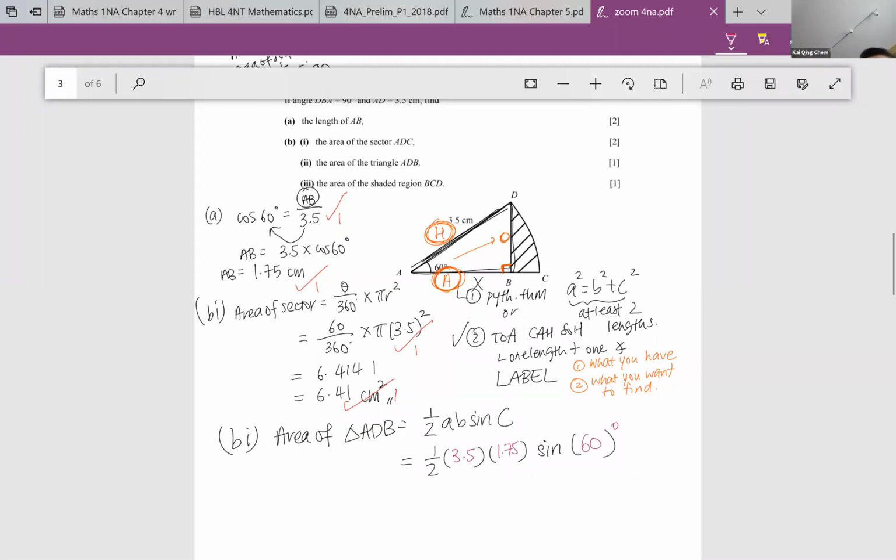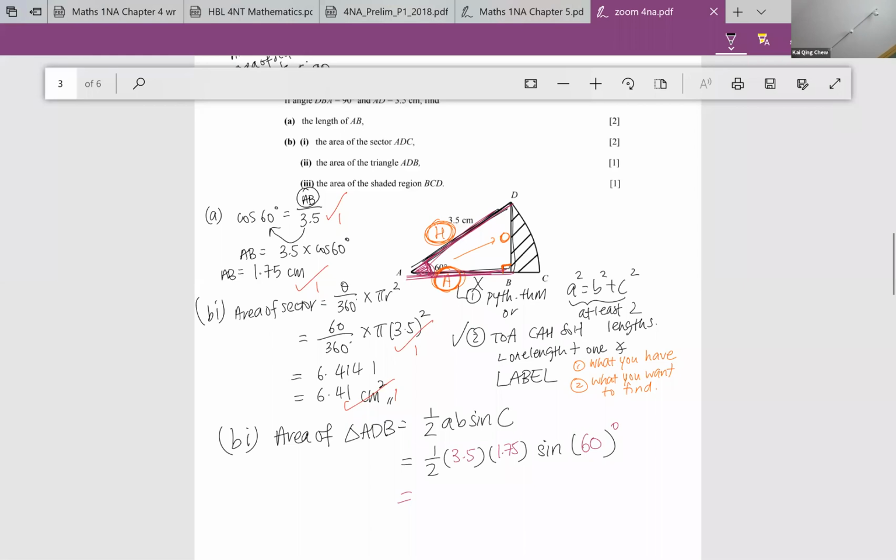Okay, so Zhang Hong already identified the AD, AB. Then the angle in between the two sides is 60. Okay, so now I press the calculator again. Half times 3.5 times 1.75 times sine 60.